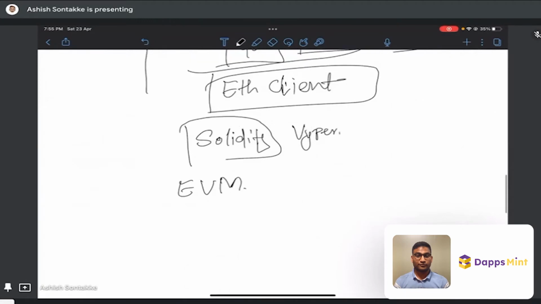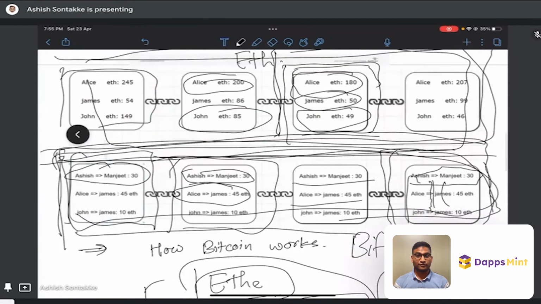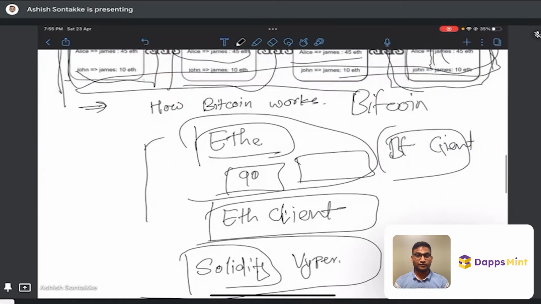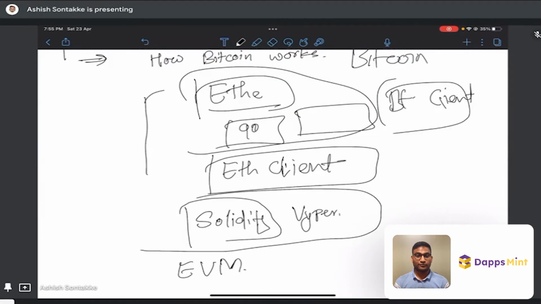Whatever code we write, how it achieves this programmability is that on Ethereum, everyone running an Ethereum client has something called the Ethereum Virtual Machine. What is that? It is an environment for Solidity code to execute. That's it. If we have some smart contract, the code has to be executed somewhere, and that is executed on the EVM.